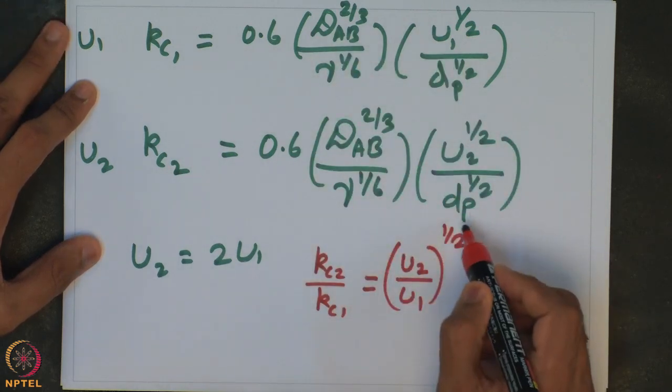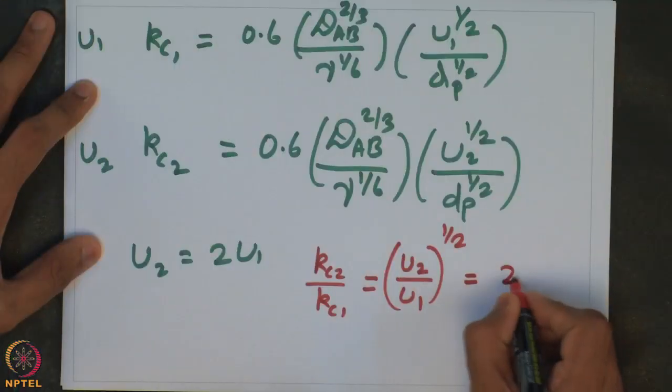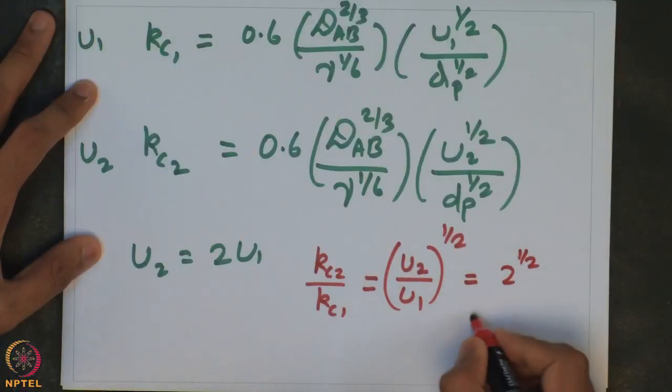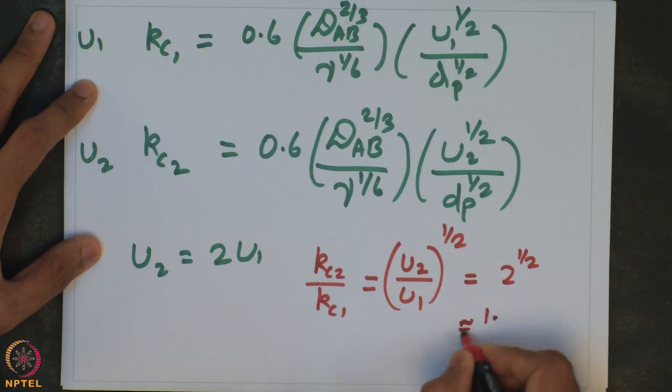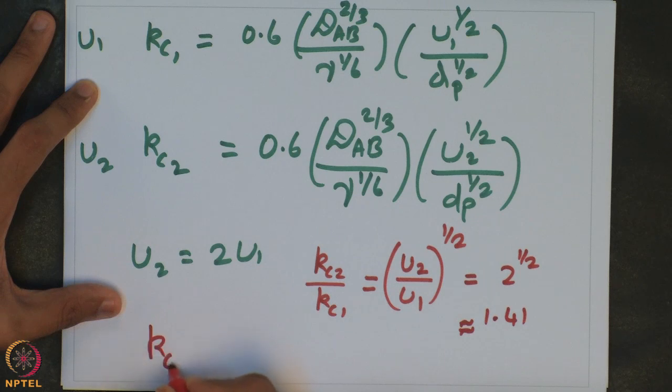I conduct the reaction at the same size of the catalyst particle. The only change is that I double the speed with which the fluid is flowing. So, this is 2 to the power of half, which is approximately 1.41. So Kc2 is equal to 1.41 times Kc1.